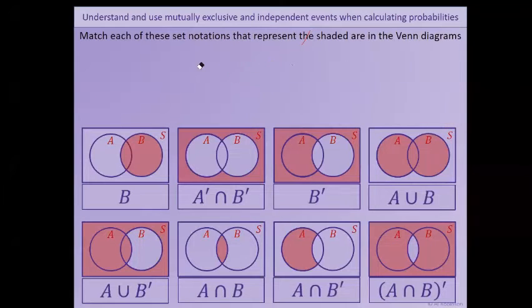Okay, so I just wanted to go back to this problem here because I noticed that some students were a little bit confused. These ones were the ones that caused the most confusion, and I've just highlighted it in yellow, okay, so you can see.